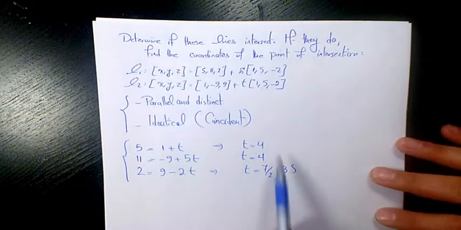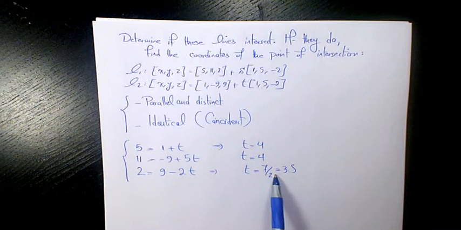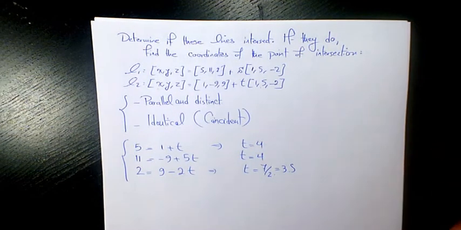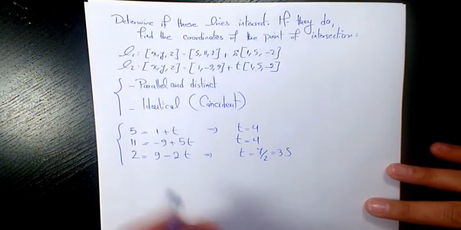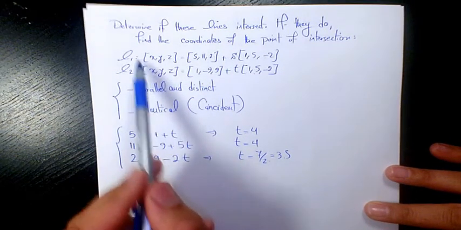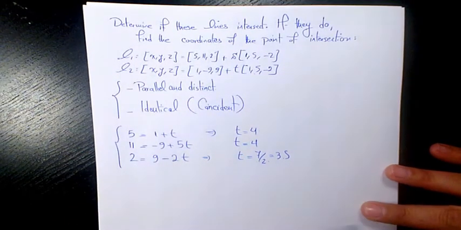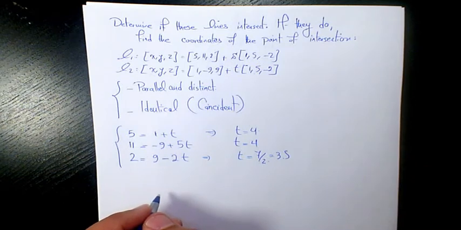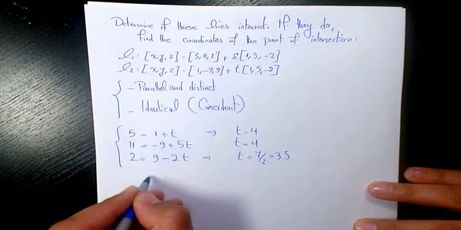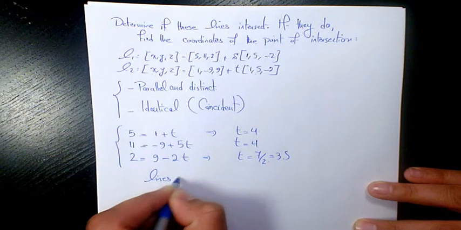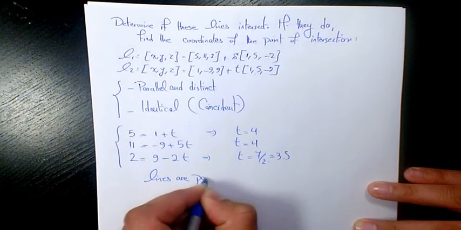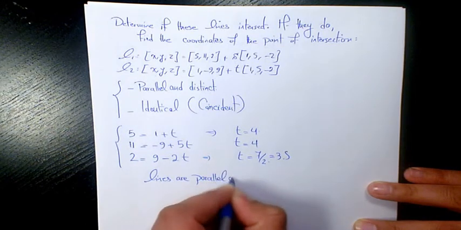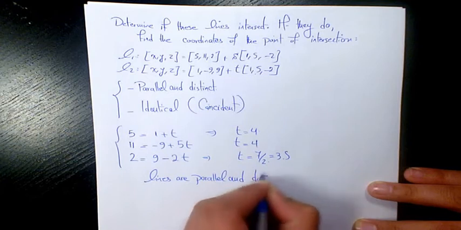Since we have different numbers here, it means that these two lines don't intersect and we have no solution. So we can say the lines are parallel and distinct.